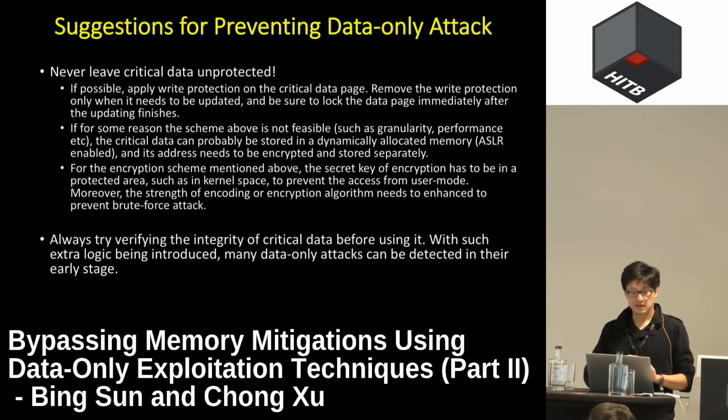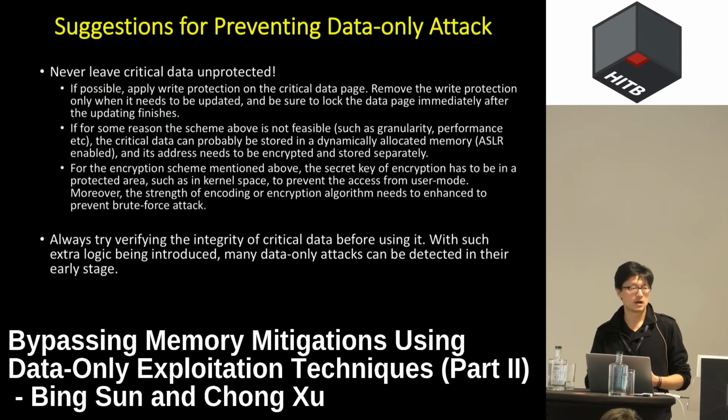So far, we have been shown the power of a data-only attack through a couple of examples. Then how can we prevent such data-only attacks? Basically, there are two options to take. One is to protect your critical data.